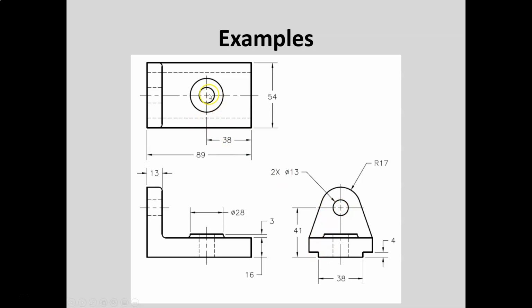Now, if you're wondering where the location of this is from this direction, well, the center line implies symmetry. And so the location of the cylinder and hole in this direction is exactly half of 54, right? Because that line of symmetry defines that. And then we're done.